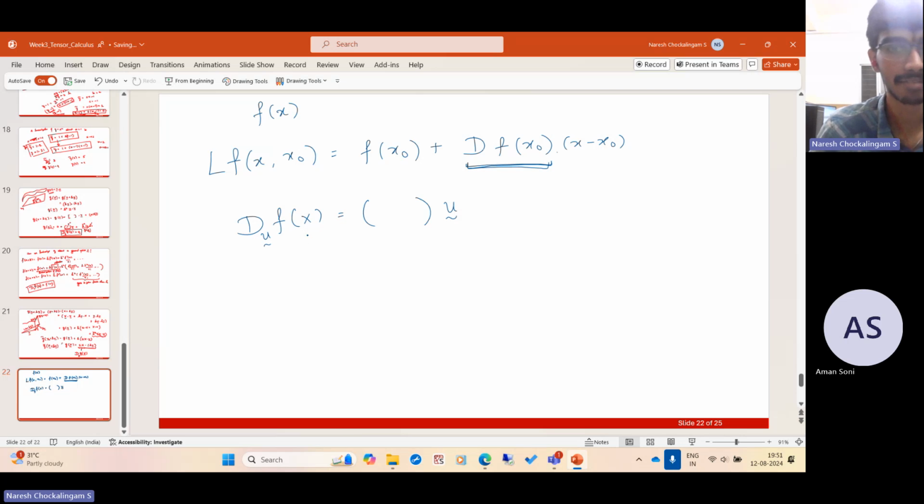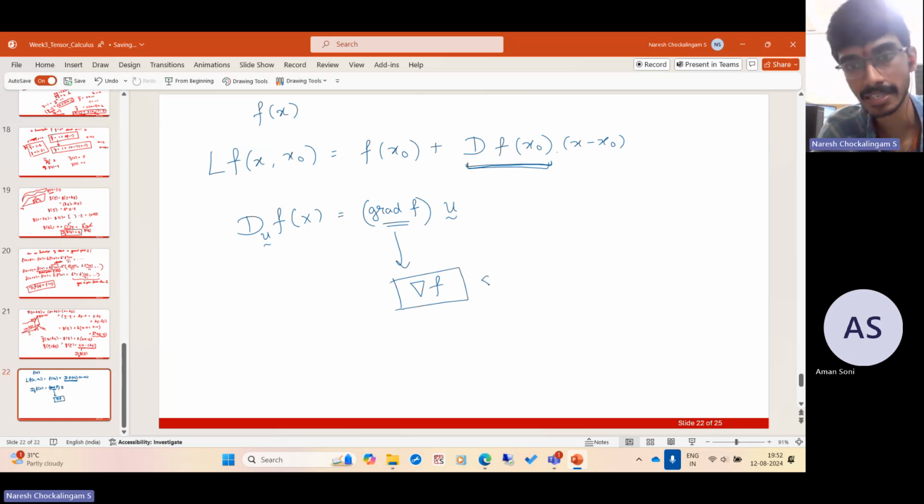So the directional derivative is linear in the direction itself, and whatever operator takes in the direction and returns the value of the directional derivative at that point is called the gradient of f. This is denoted by a symbol.